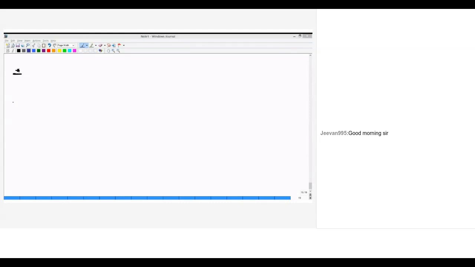I'll tell you the squares which are close to 50 and close to 100. Can anyone reply?